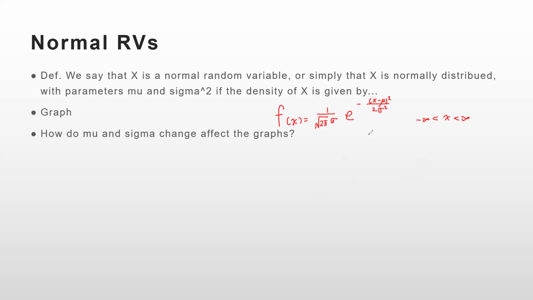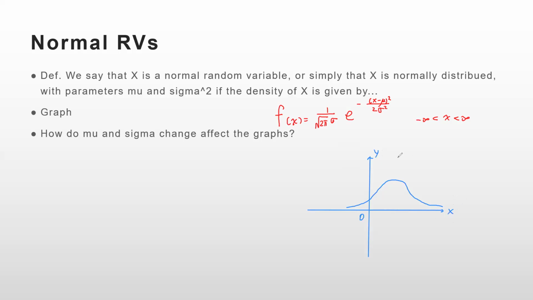Mu is the shifting parameter. So originally we have a normal curve. I'm going to just draw a normal curve, nothing fancy. It should be symmetric with respect to the top.